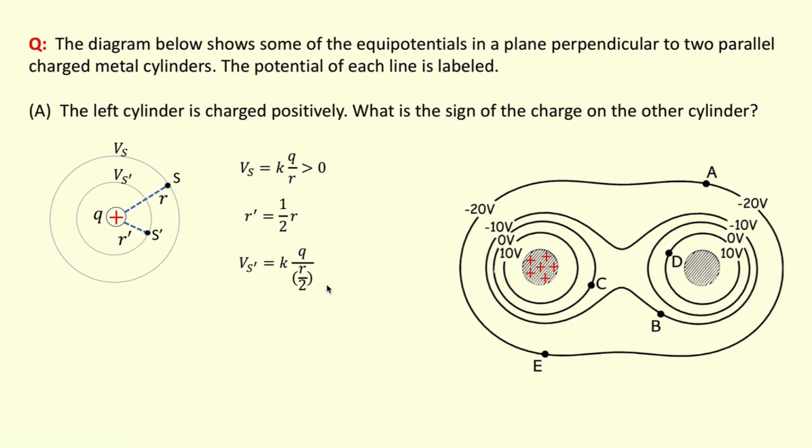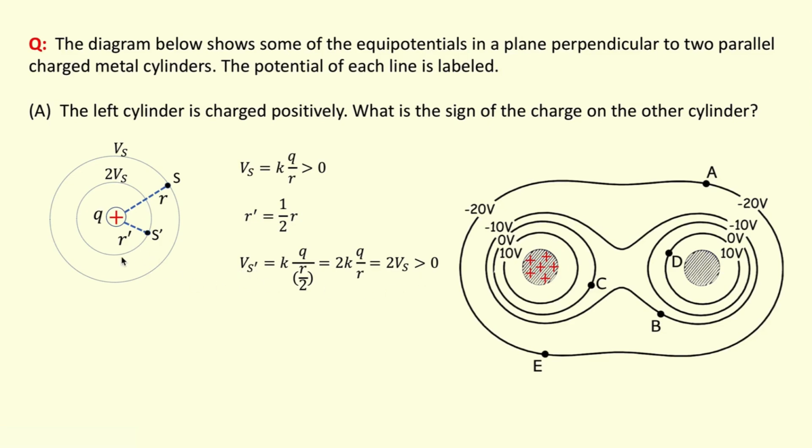Vs prime can be simplified as 2kq/r, but kq/r is Vs. That means Vs prime is 2Vs. And since Vs is greater than 0, then Vs prime is greater than 0.